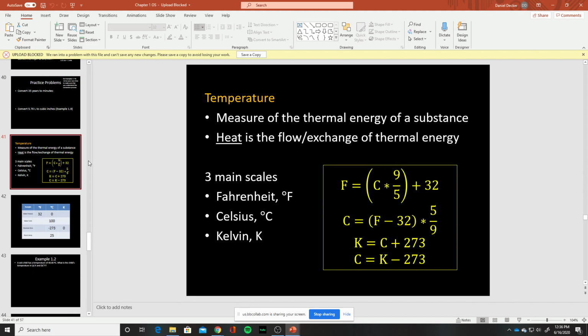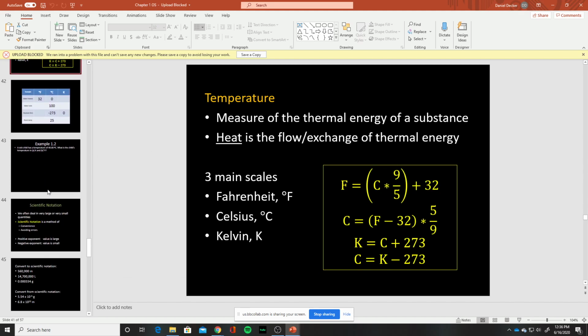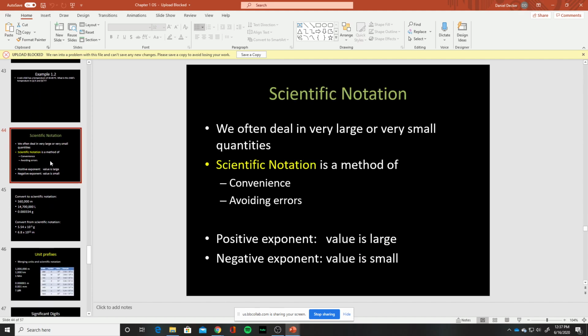So there's temperature conversions as well. You should know how to convert from one temperature scale to another. Scientific notation, I'm trying to remember, I don't think I put any questions in that are specifically just, here's a number, write it in scientific notation.